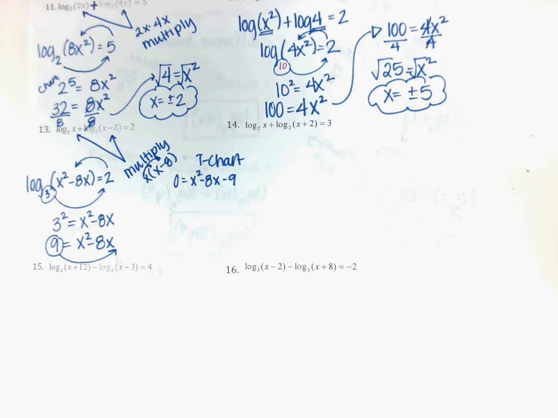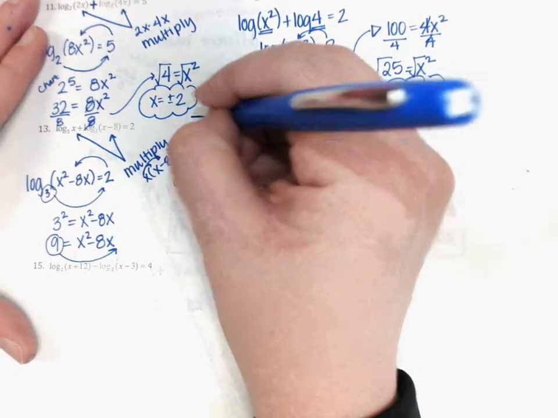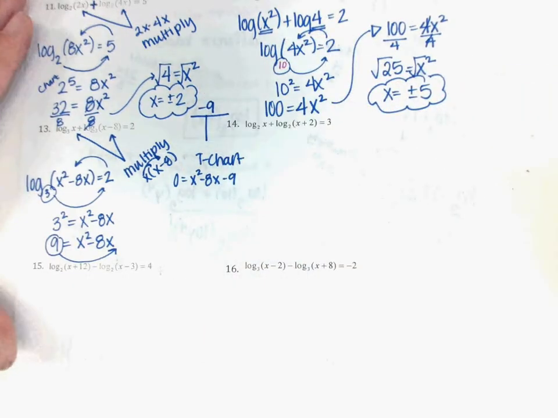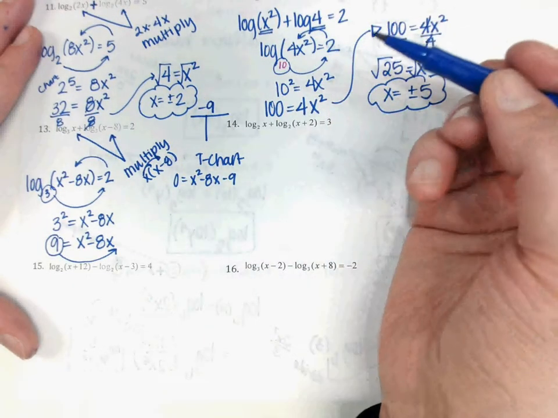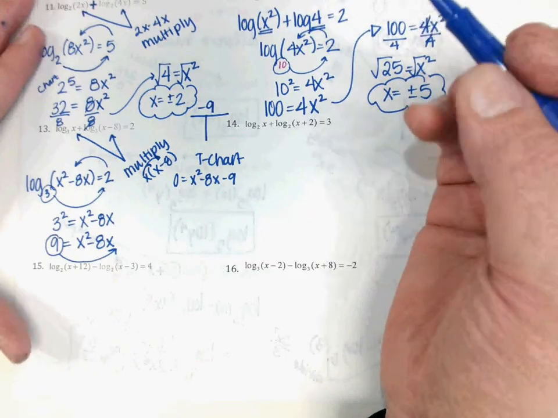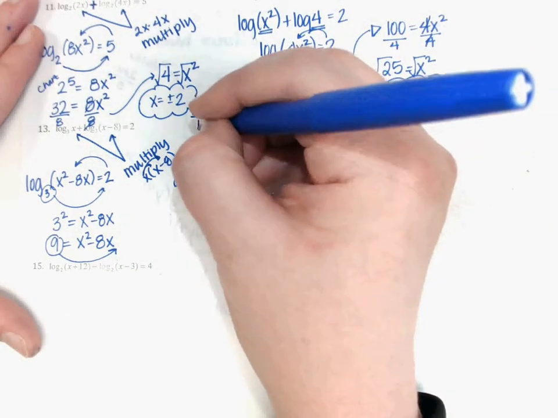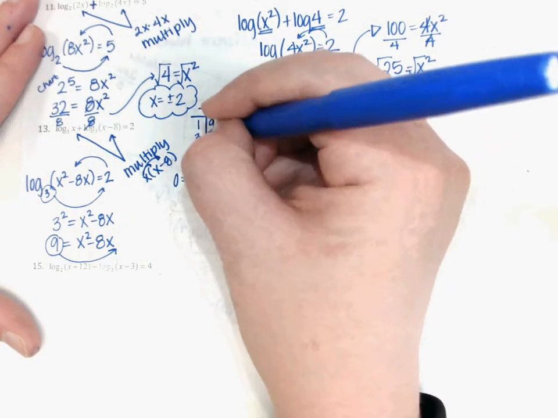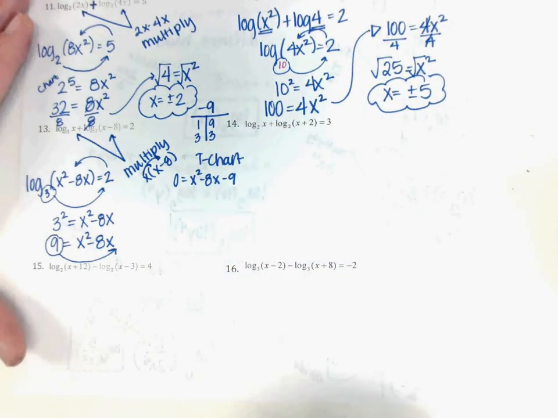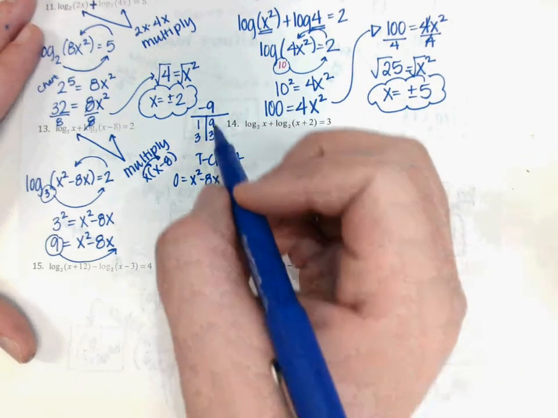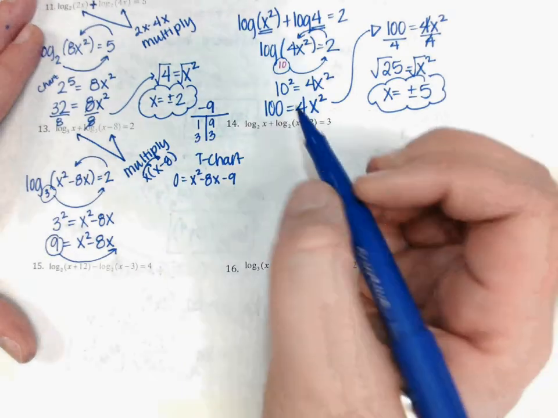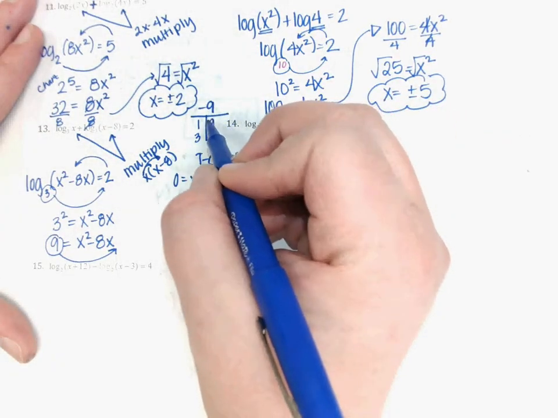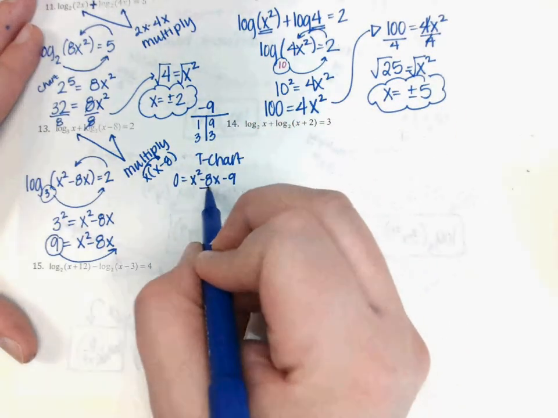So what will multiply to negative 9 and subtract to negative 8? We haven't done this in a while. What are my choices? 1 and 9, or 3 times 3, right? But which of those subtract to 8? Okay, which one do I want to minus, the 1 or the 9? If I do 9 minus 1, I get 8, but I want a negative 8.